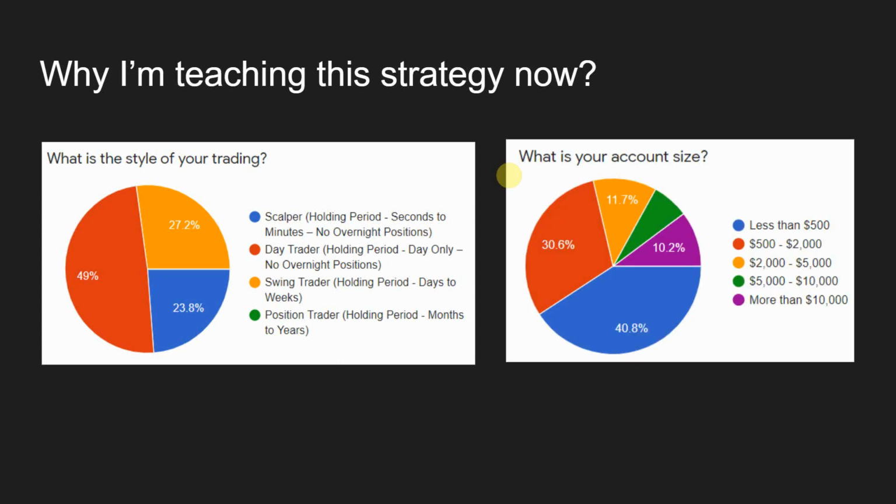And this is really interesting for me, that 40% have less than $500 to learn how to trade. And then if you add in the next bracket between 500 to 2,000, around 70% of my audience have less than 2 grand. And again, this is why I'm releasing this course, because with scalping, you don't need a lot of money. Obviously, the more you have, the better.